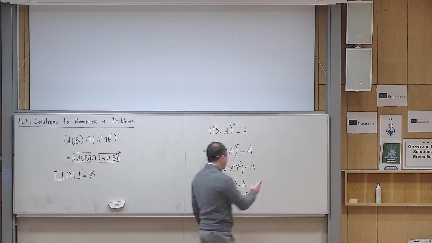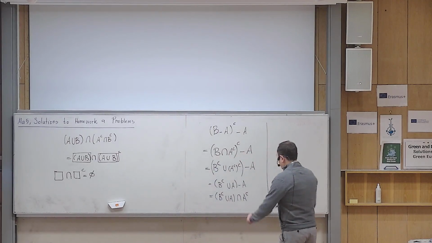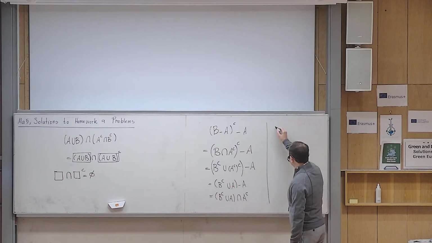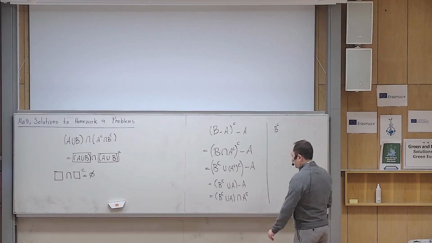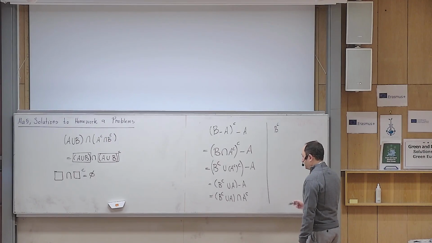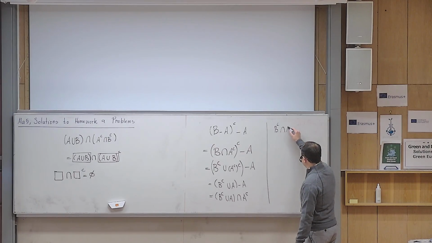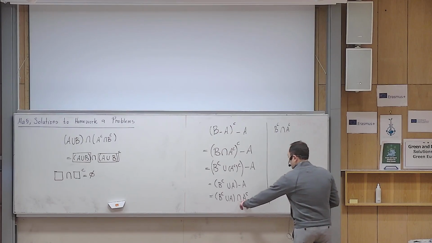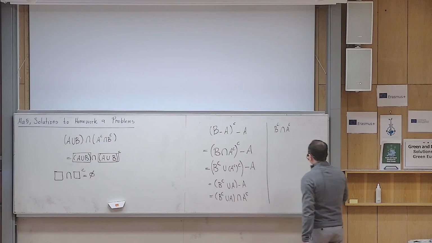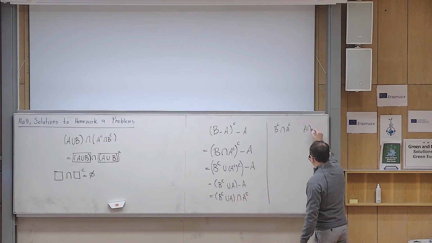So can you do that? So I distribute this from left to right. So what should I write? I should write B complement. Okay, I want you to fill up. So what should I write? Intersection, A complement. So I distribute this within the first one, and I distribute this within the second one. But what should I put between them?